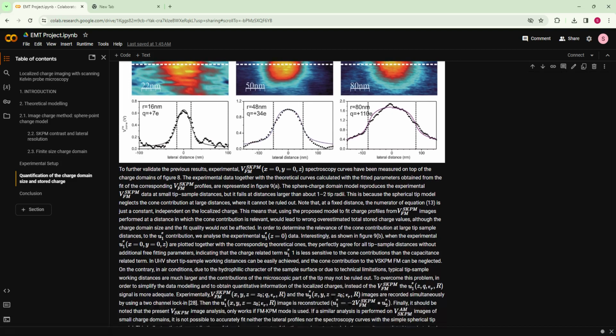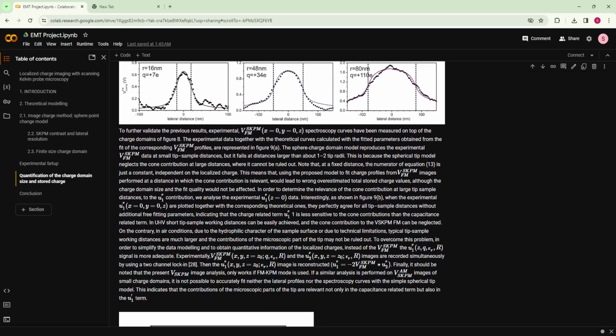This is because the spherical tip model neglects the cone contribution at large distances, where it cannot be ruled out. You should note that at a fixed distance, the numerator of equation 13 is just a constant.